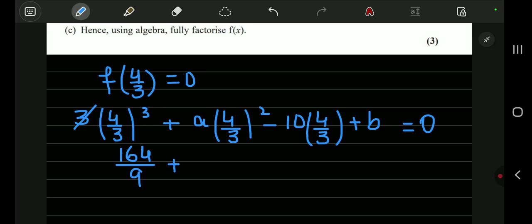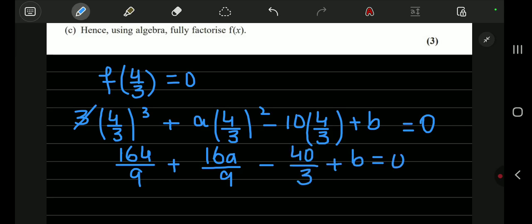You can do it stepwise if you want, but let's cancel the things that you can to make it easy. So 4 times 4 is 16, so 16a over 9 because of 3 square, minus 40 over 3, plus b equals 0.